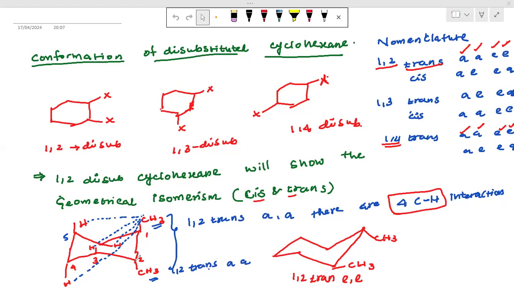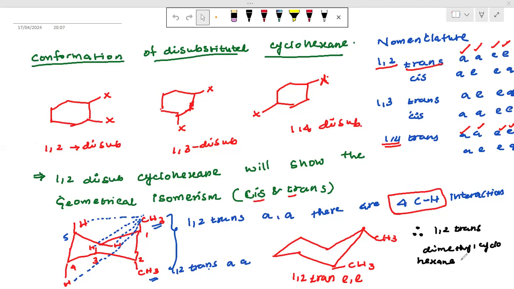So, the points to highlight and write below: 1,2 trans dimethyl cyclohexane, both are present in the equatorial position.